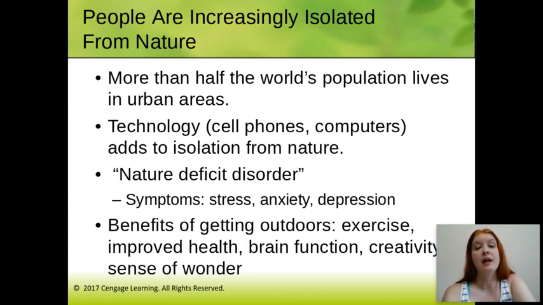Go outside. It actually can cause something called nature deficit disorder, which causes stress, anxiety, and depression. And I don't know about you, but when I was a teenager, I dealt with stress, anxiety, and depression. So get your butt outside. Benefits of getting outside: you can get exercise, you can have improved health, brain function, creativity, and sense of wonder. Go for a walk, go to a park, just be outside.